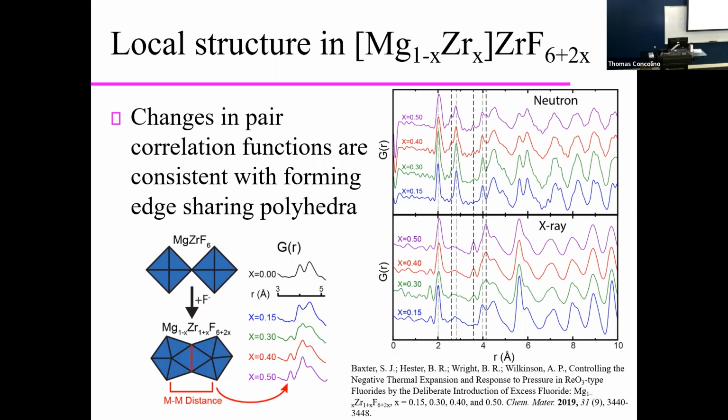This method works even for glasses and liquids. You don't have to be crystalline. Now, when I look at these data and I change the amount of excess zirconium and excess fluorine, you can see in the X-ray panel this peak growing here at 3.6 angstroms. Not very obvious in the neutron cases.